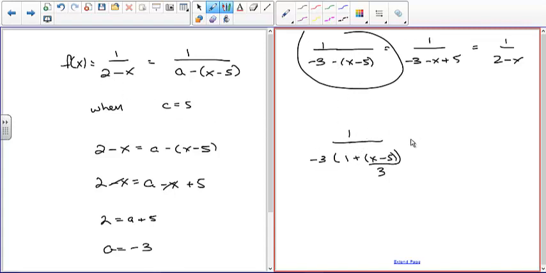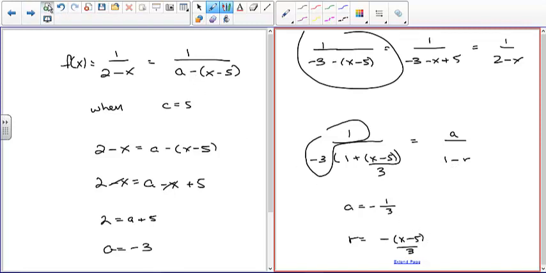At this point, you can say, oh, that kind of looks like a over 1 minus r, where a is equal to negative 1/3. So this part is the a part, and r is equal to negative x minus 5 over 3. It's because this is 1 minus r, so r has to be equal to negative this value.